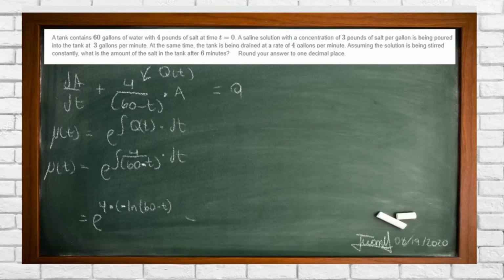So let's keep working on the integration factor. The integration factor is going to be e to the power of -4 natural logarithm of 60 minus t.